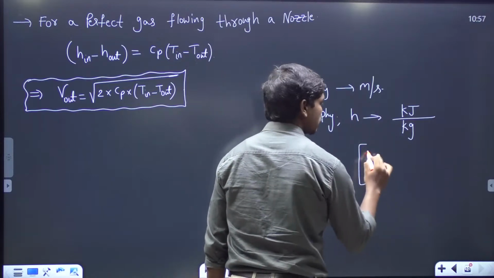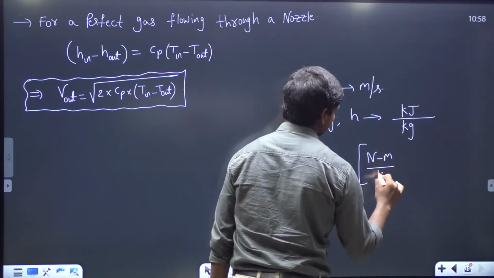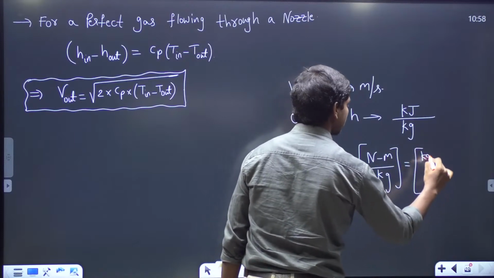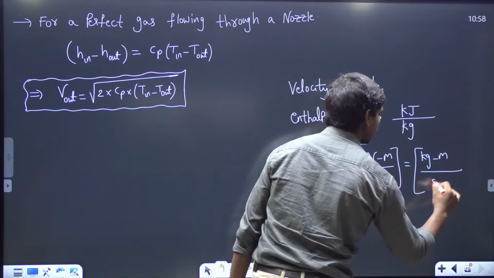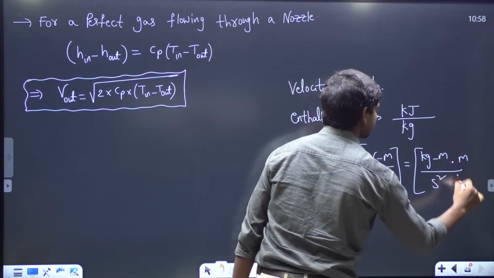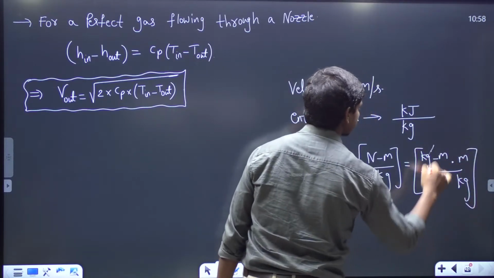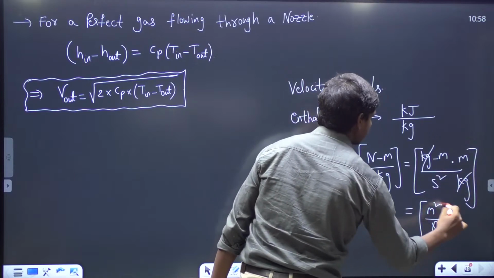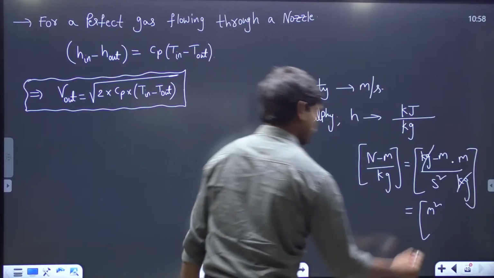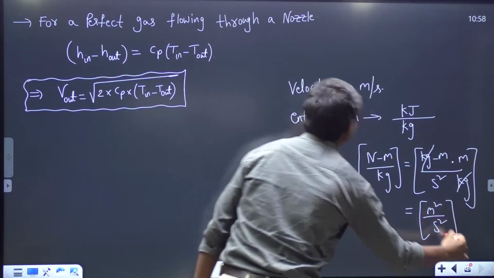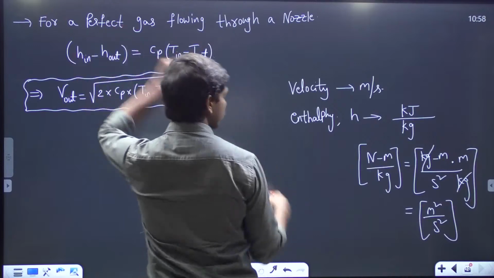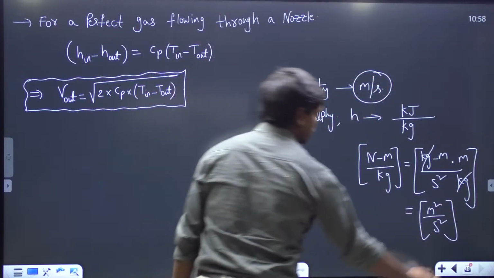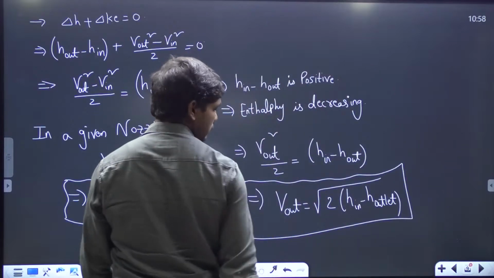Joule means Newton meter per kg. Newton means kg meter per second square, into meter per kg. So the kg gets cancelled and you have meter square per second square. Since you are putting a square root for the enthalpy term, the dimension is again meters per second. So dimensionally this equation is also correct.